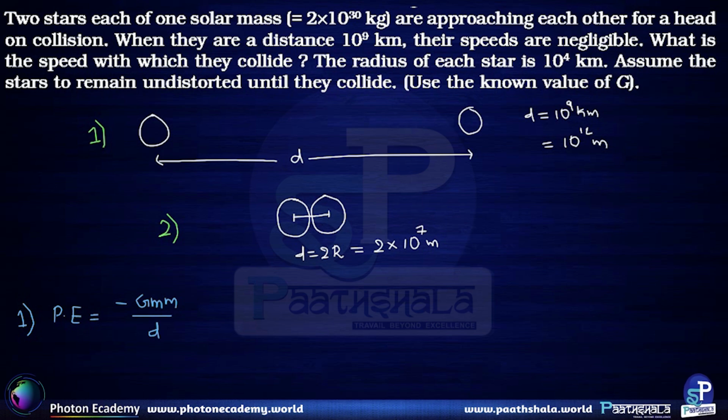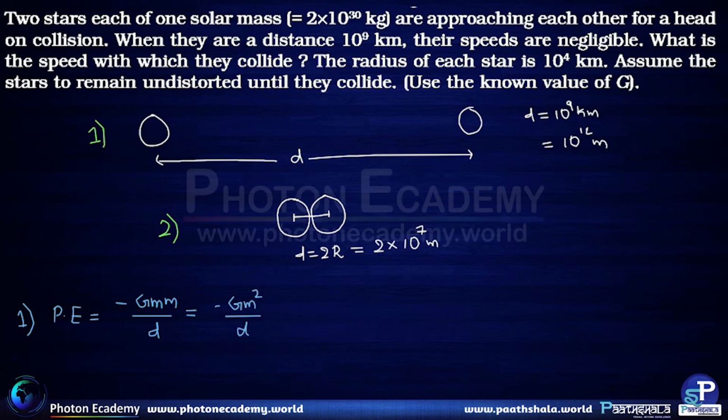So this is minus GM squared by d. The total energy will be equal to the potential energy because the kinetic energy is 0. So minus GM squared by d is also the total energy in state 1.